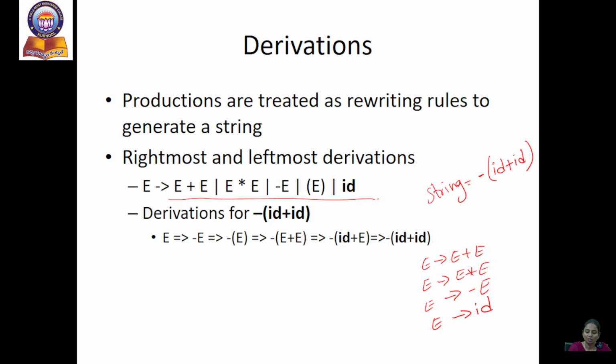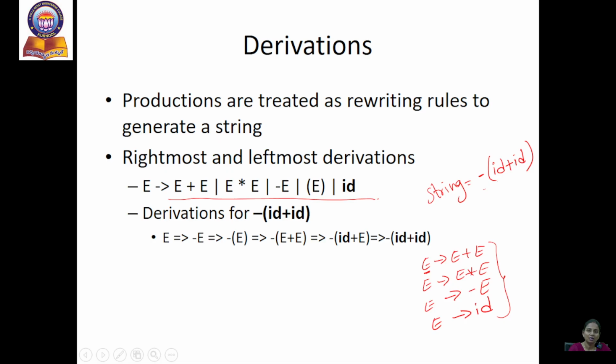By using this grammar and rewriting the rules, in the place of a non-terminal we can substitute any of these productions in the place of E. By substituting it, or elaborating it, we should derive the string minus of ID plus ID.